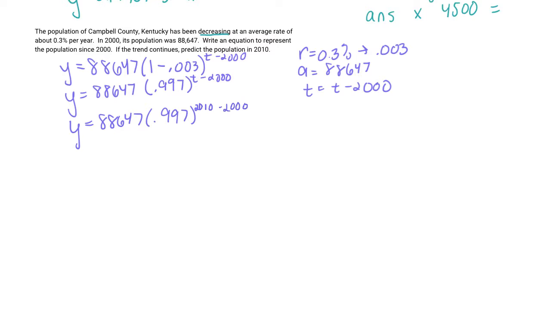In my handy dandy calculator, I hope you have done 0.997 to the power of, parentheses, 2010 minus 2000, equals. And take that times 88,647 equals. That means they should have 86,203 people. I'm not going to round because you can't have part of a person.